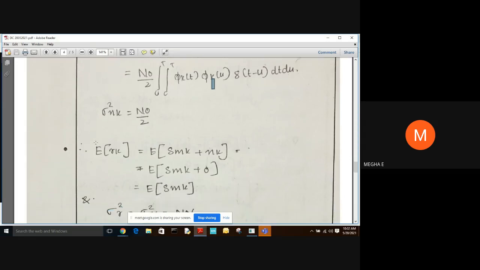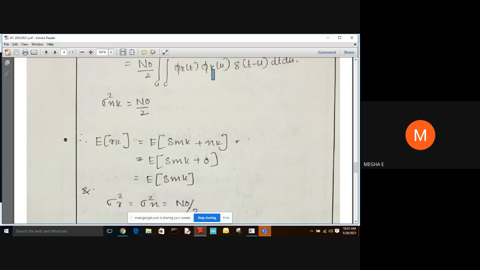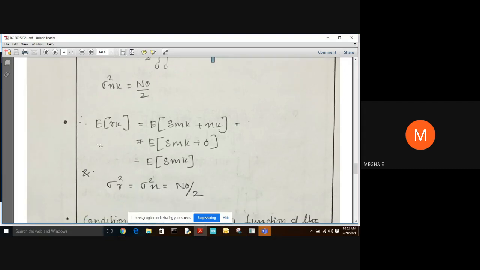Similarly, we find the expectation of the received signal Rk. Rk is nothing but the transmitted signal plus the noise component, that is, expectation of S of mk plus nk. We already know the expectation of nk is 0. So substituting 0, it is the expectation of S of mk. The expectations of the transmitted and received signal are equal.